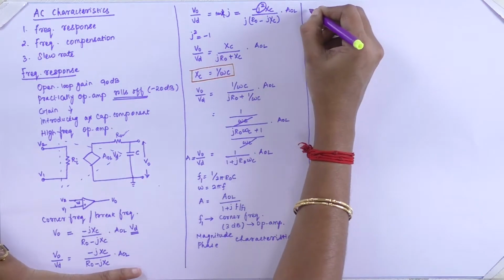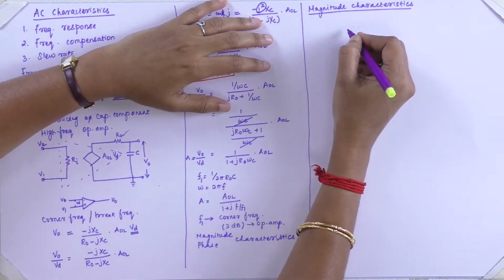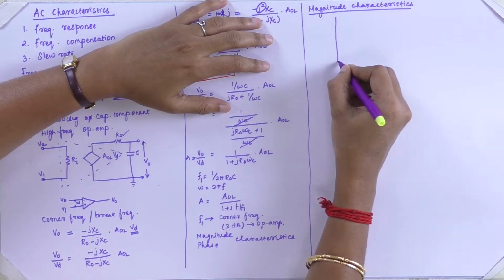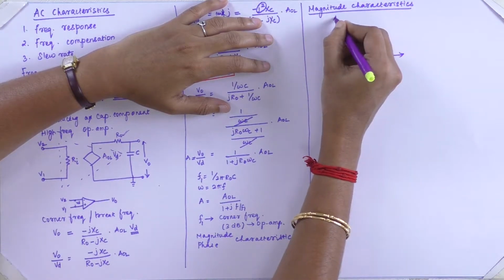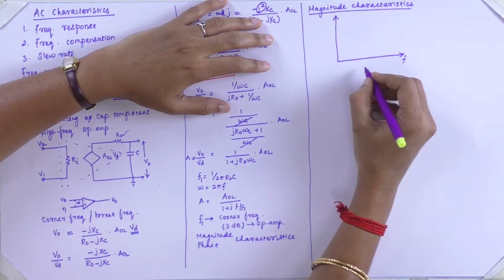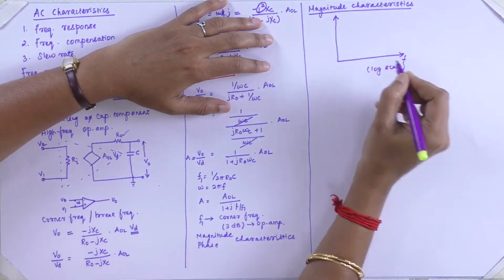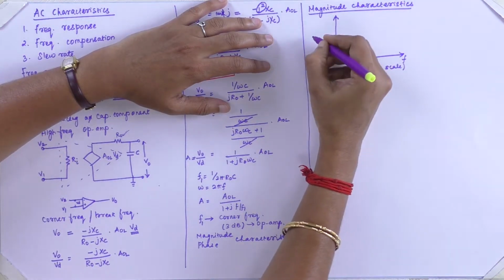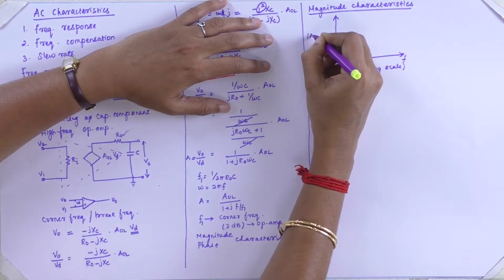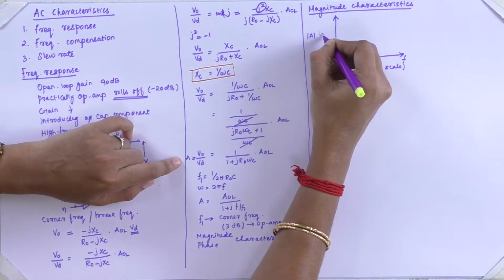Coming to the magnitude characteristics, we have two axes, x-axis and y-axis. In the x-axis we deal with the frequency on a logarithmic scale. The other axis is the gain in terms of decibel.